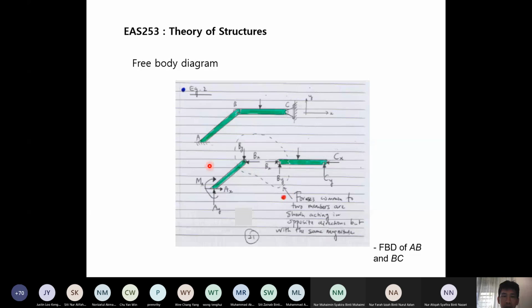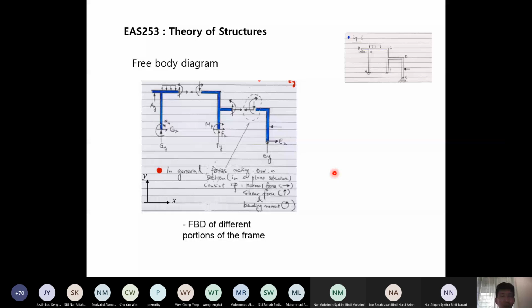Fixed support has 3 reactions, pin support has 2. So this one, I leave it here with you to go through. This one, we separate into 3 parts. If we cut here, we get this, and if we cut here, we get this.